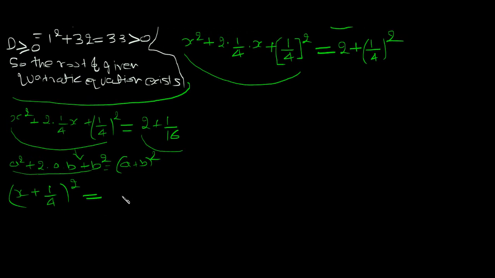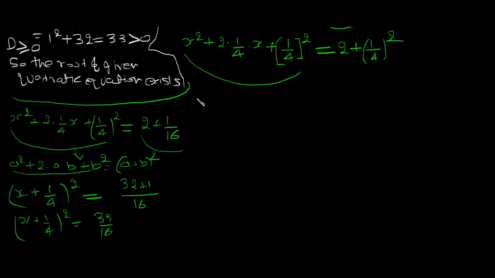I will take 16 as LCM. Here it will become 32 plus 1. So it will become x plus 1 by 4 whole square is equal to 33 upon 16. Now I will take square root on both sides.